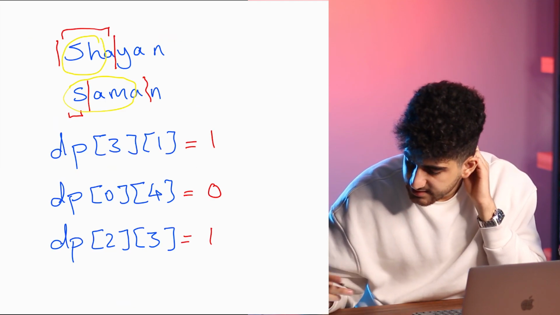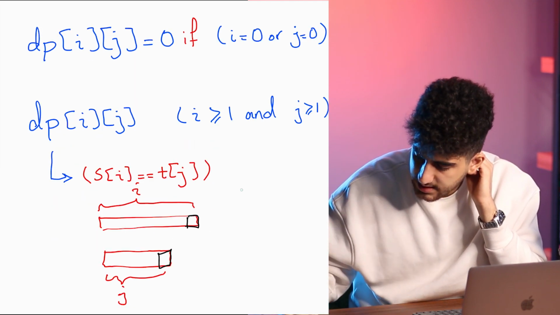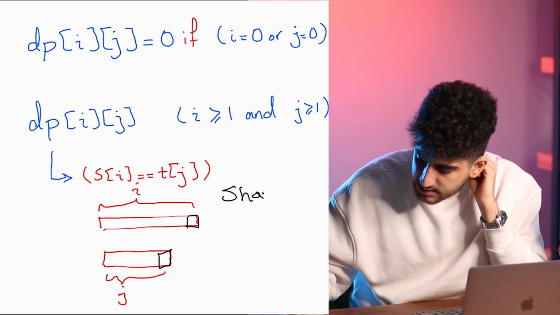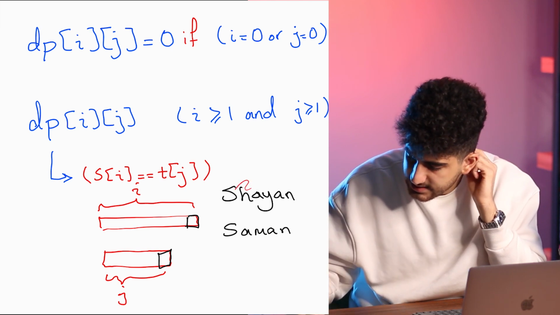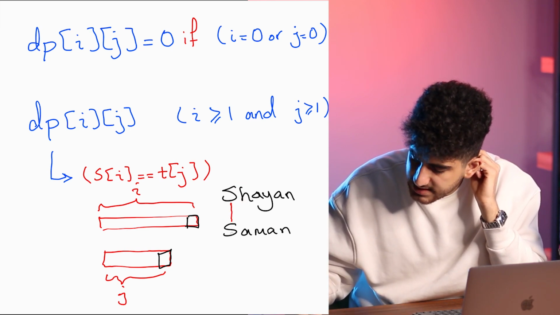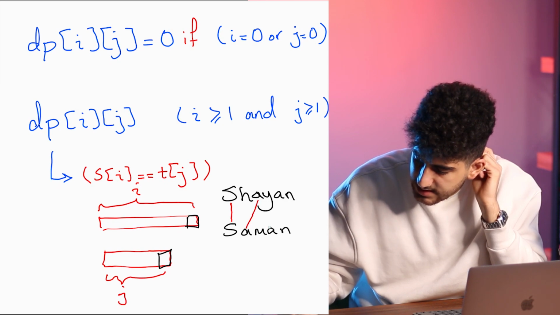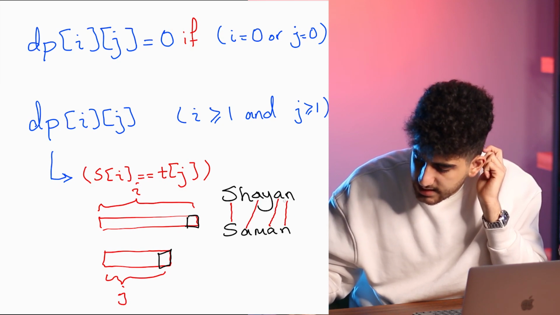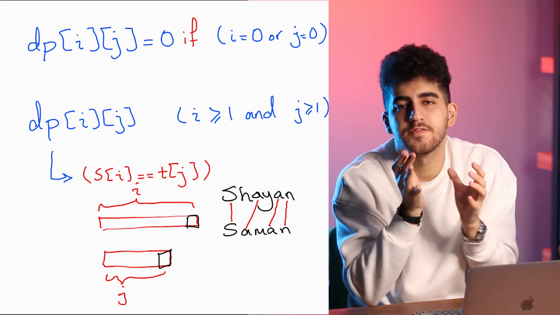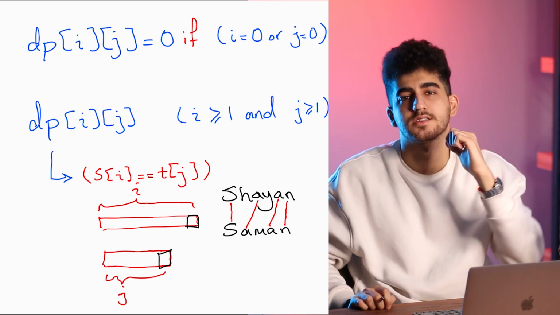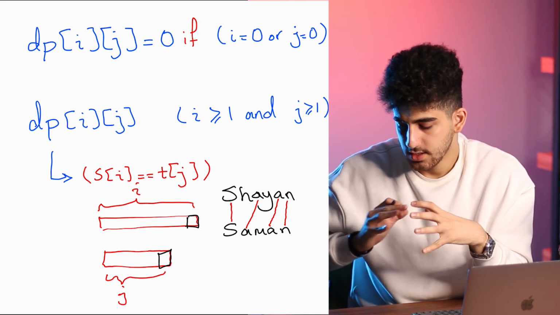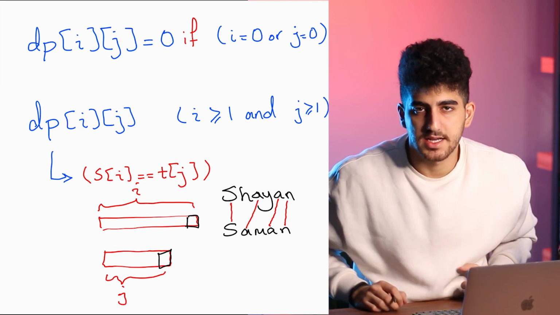For instance, let me again use my example, Cheyenne and Salmon. It's like a matching between this S and this S, this A and this A, this A and this A, and this N and this N. So it's like I have found a matching between some of the characters of the second string and some of the characters of the first string, and I want to maximize this matching.